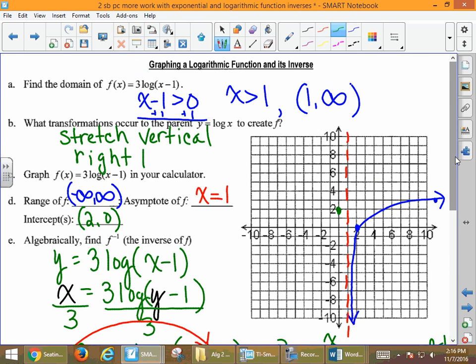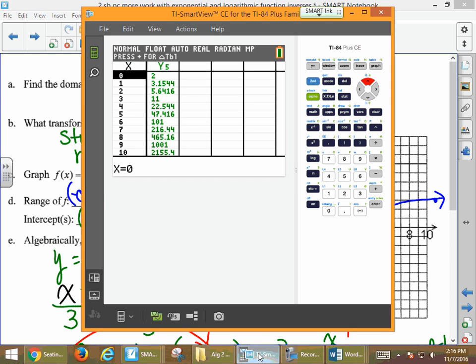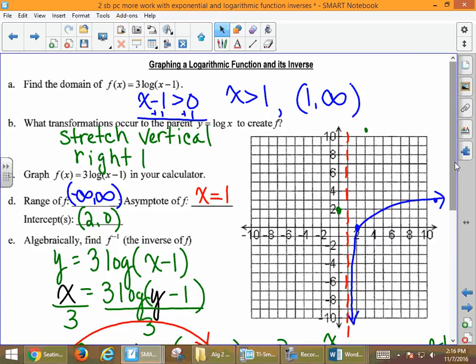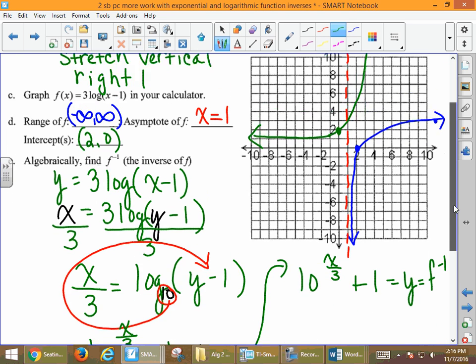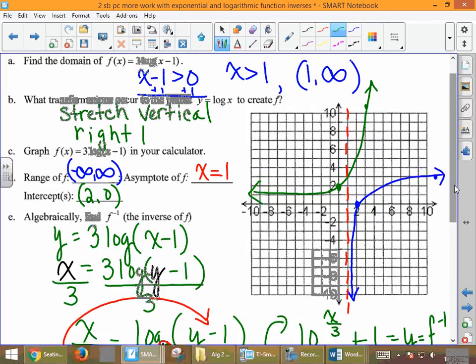So 3, 11. And then I may just want to get one more point here, maybe negative 1. Negative 1 is roughly 1.5. And there is our picture of our inverse function, the inverse of our logarithmic, which is an exponential.